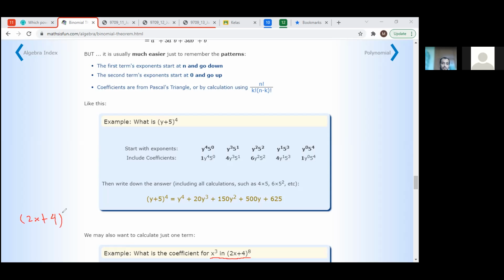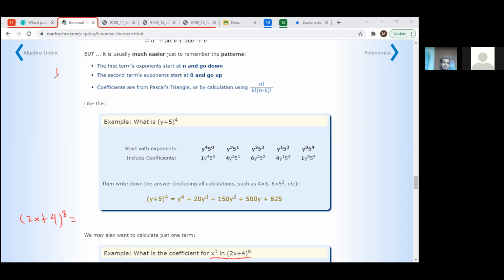So let's look at what we have: 2x plus 4 to the power of 8. The power is 8, so it will correspond to row 8 on Pascal's triangle.